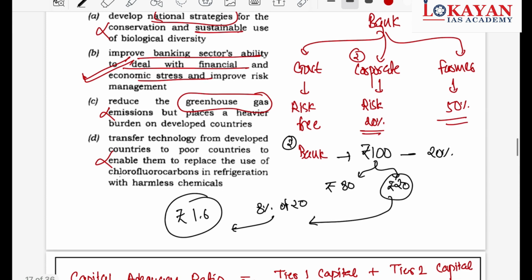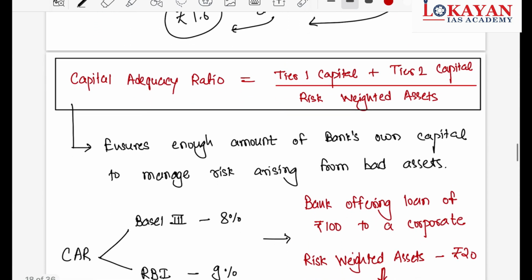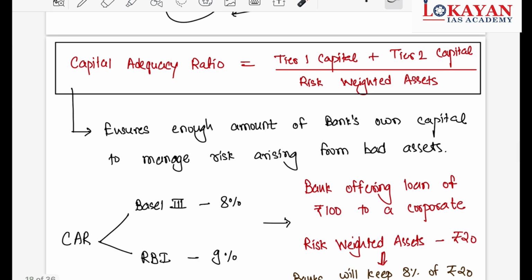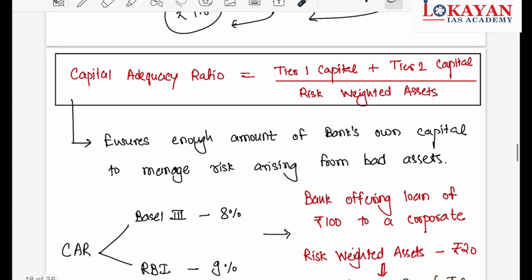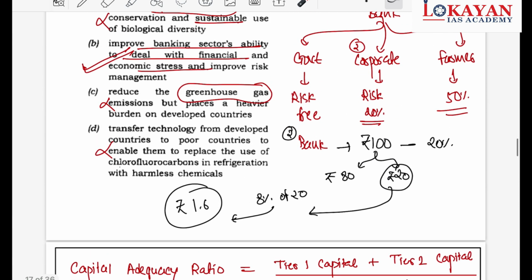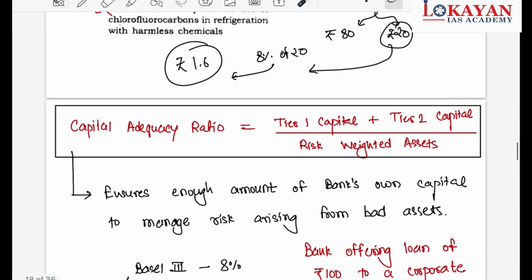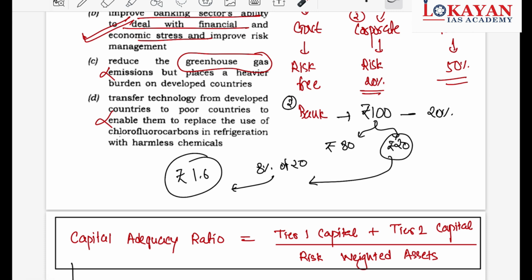So let's see it. Capital adequacy ratio: what is meant by it? It is the ratio of tier 1 capital plus tier 2 capital to risk weighted assets. One question might come to your mind: how is this percentage calculated? That is out of the scope of our syllabus. Those who are studying finance at an advanced level need to know that. We don't need to know this much detail. Just remember that banks have to keep their own money, not depositors' money.